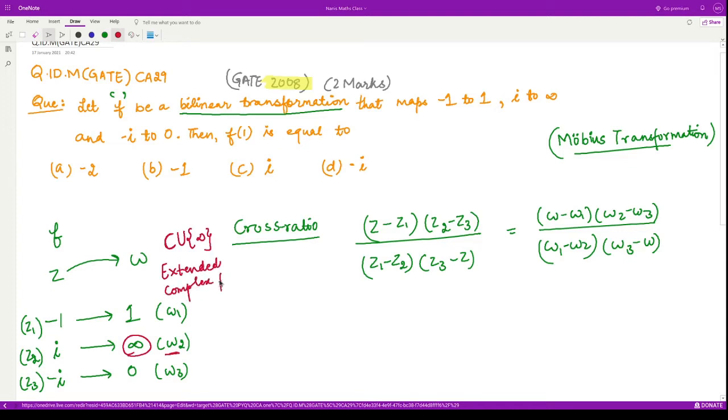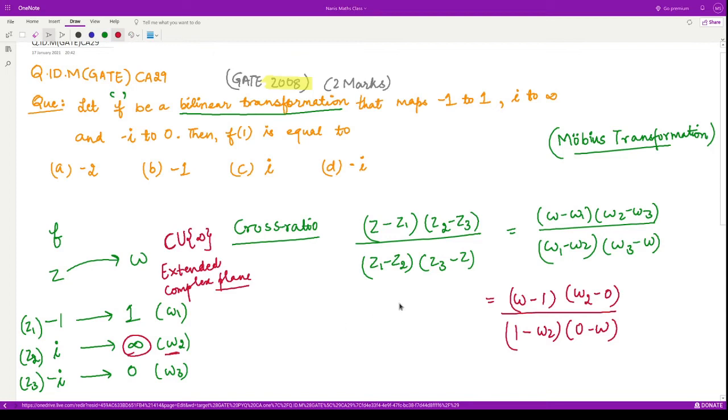If any point is mapped from infinity or mapped to infinity, we have a special process. We just substitute the values of all other things except that infinity. So the value of w1 here is 1, w2 we keep as such, and w3 is 0, and then we keep w as such.